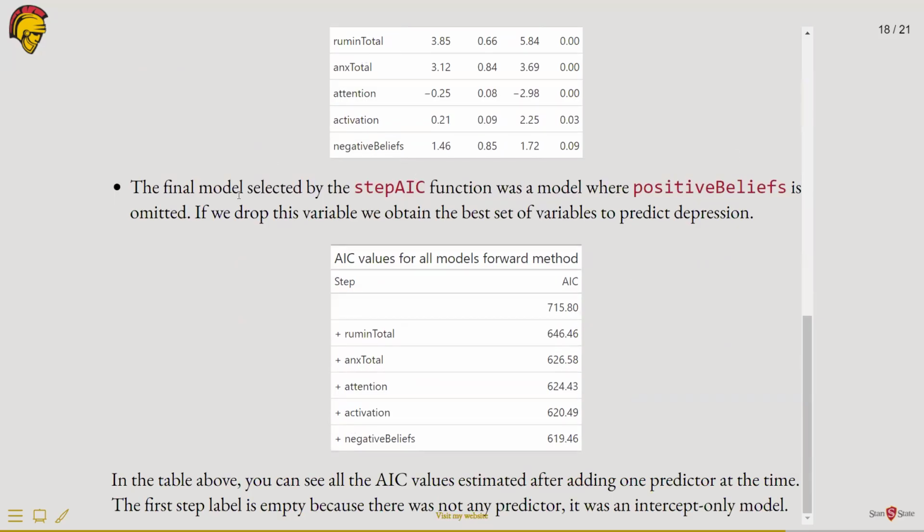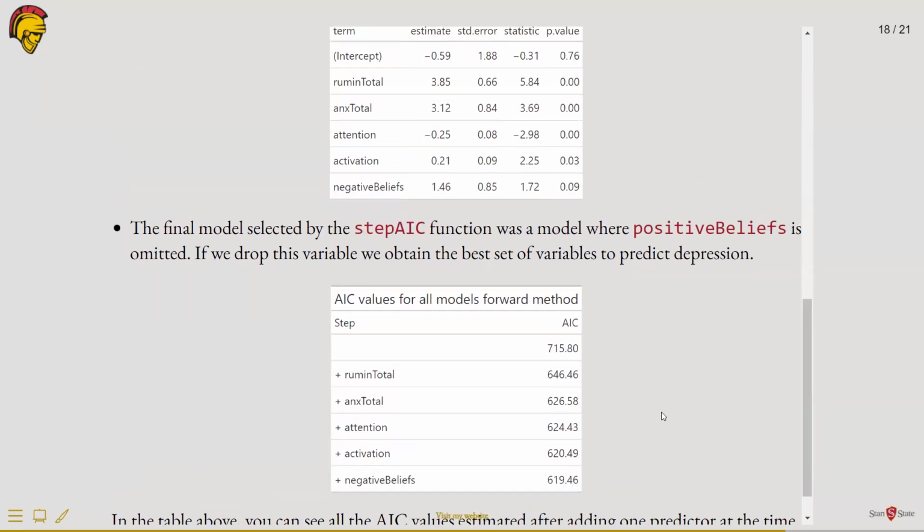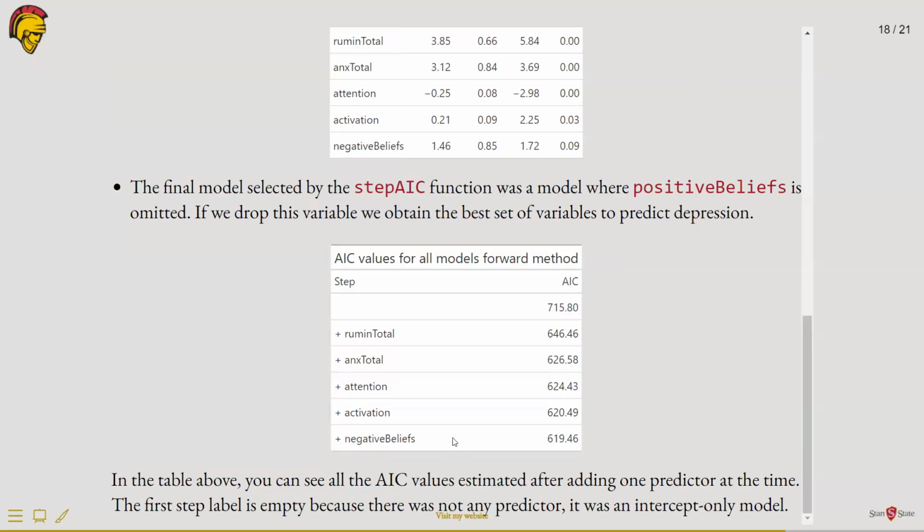So in here, I'm using the function step AIC, and the function gave me the final solution. And it tells me that a model with all these variables will have the lowest AIC value. That's what it's telling me. I started with a very simple model, a model where only the intercept was estimated. And then the function will add one variable at a time, and it will give you the AIC value.